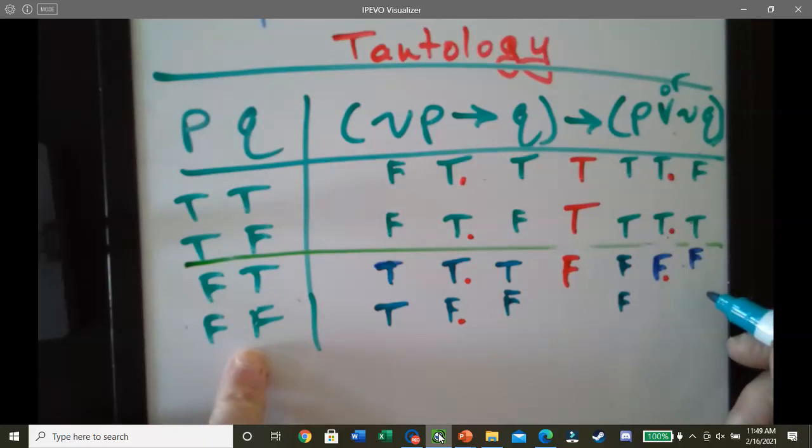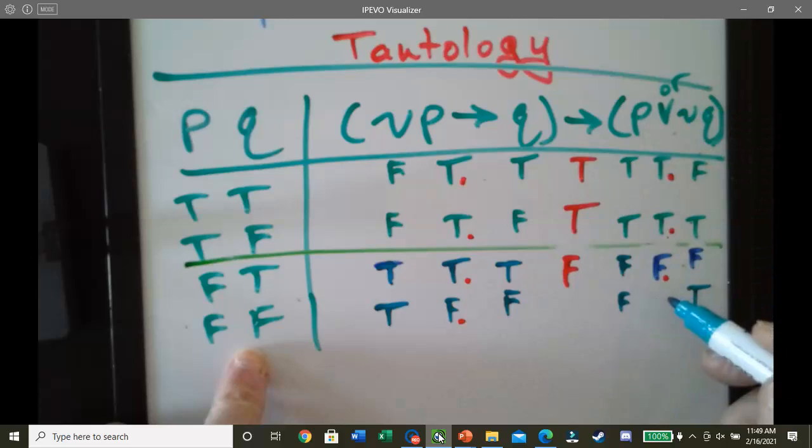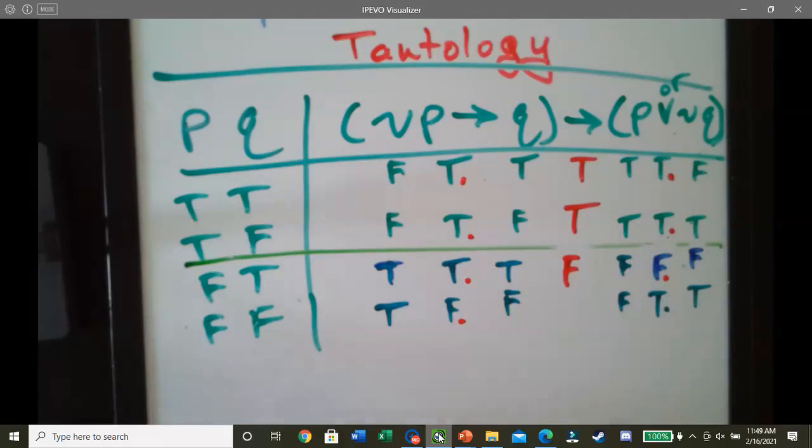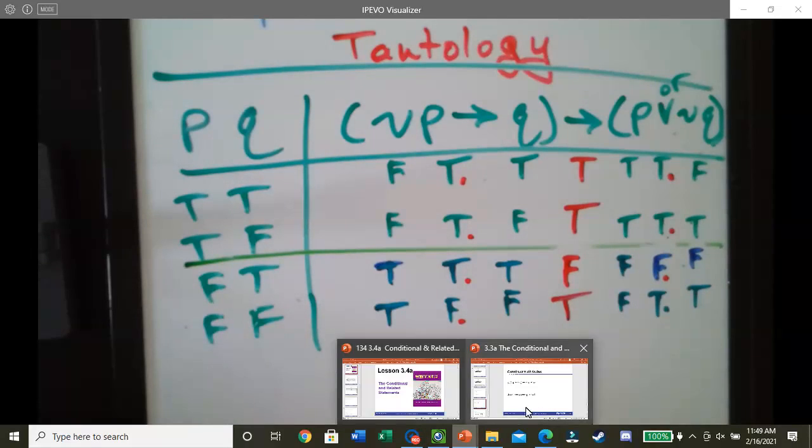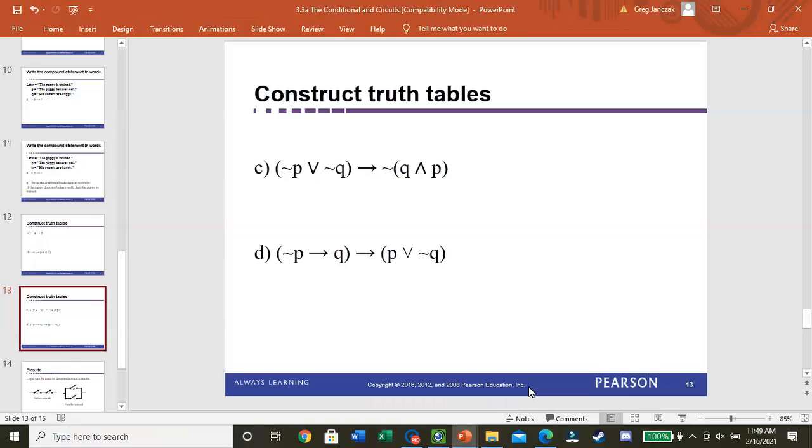Not Q is true. So false or true is true. Good. So we're saying if false, then true is true. Good. Questions? Okay. Good work. Okay. So took some doing, right? But we're getting there.